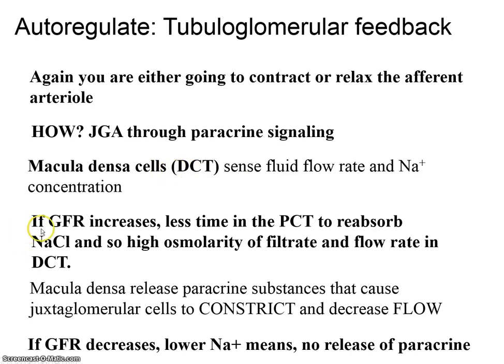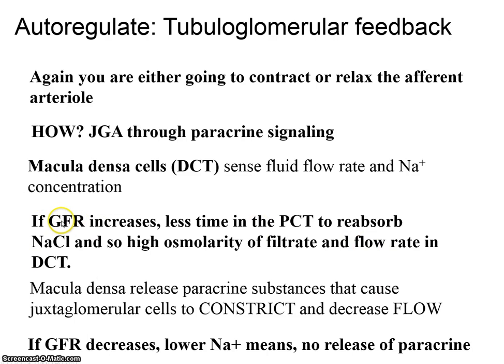So if glomerular filtration rate increases, here's our scenario, there's less time in the proximal convoluted tubule to reabsorb sodium chloride. And so by the time we get to the distal convoluted tubules with the macula densa, there is a high osmolarity of the filtrate. So there's more stuff in the filtrate than there should be. And there's a high flow rate, right?